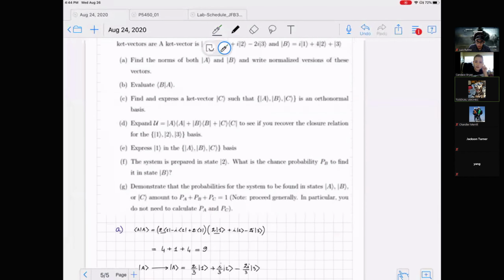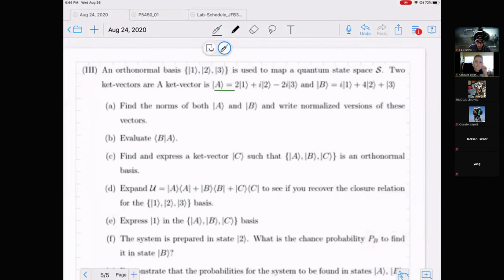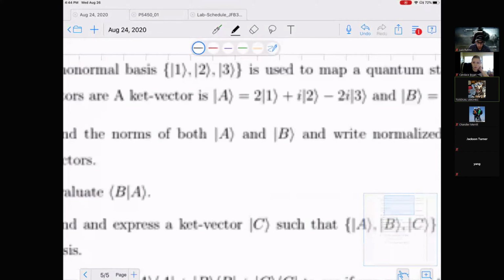Look, you see that A is equal to 2 times 1 plus i times 2 minus 2i times 3. And if I wanted to write the bra A, I'm going to write the bras 1, 2, 3, and multiply each one by the complex conjugate of the corresponding coefficient.